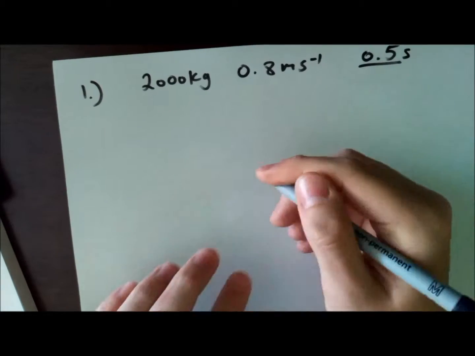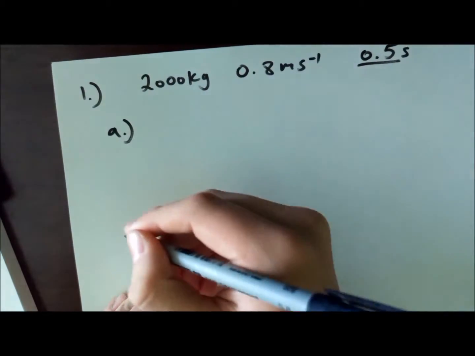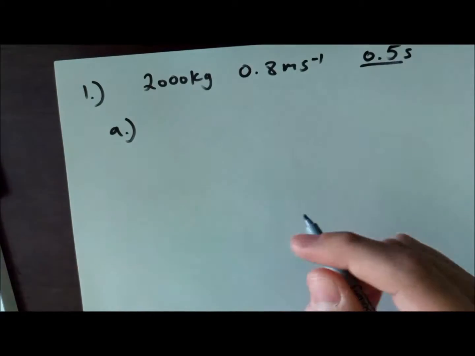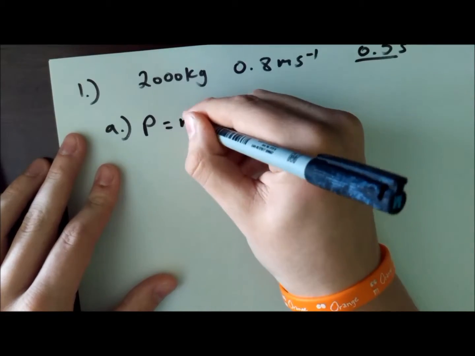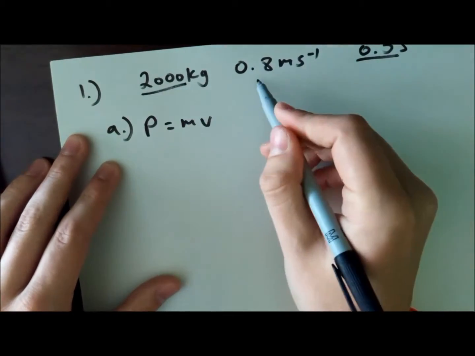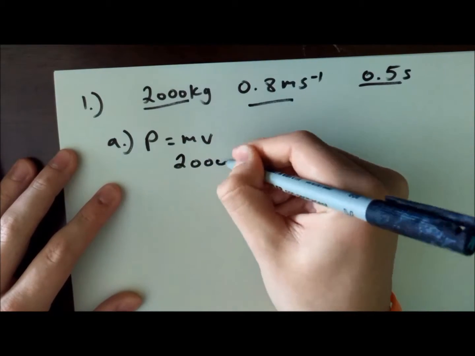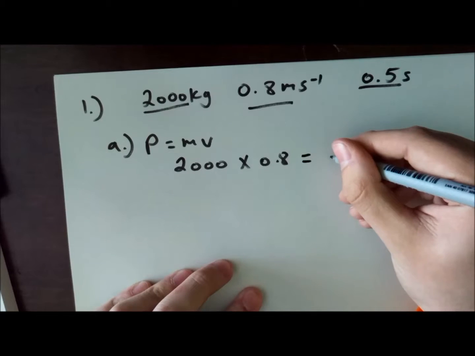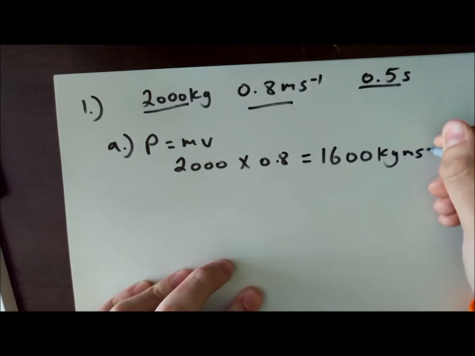Now, part 1a asks us to find the initial momentum of the lorry. The initial momentum of the lorry will quite simply be P equals mv. We have mass, we have velocity, so we can do 2,000 multiplied by 0.8, which gives us 1,600 kilogram meters per second.